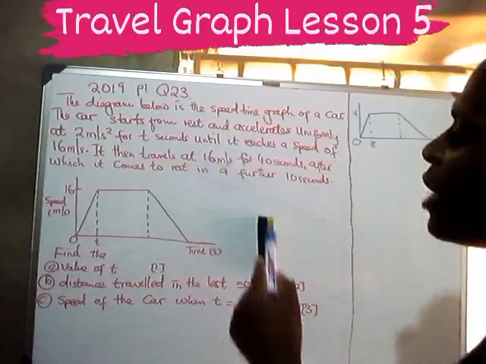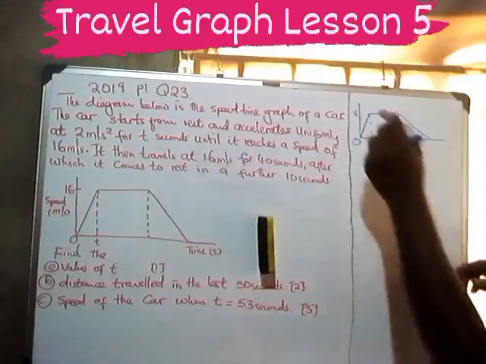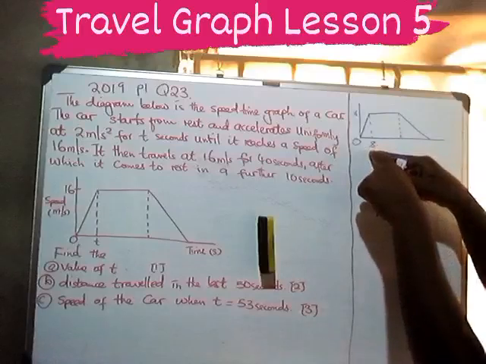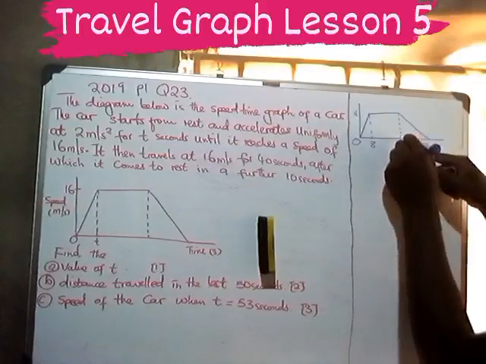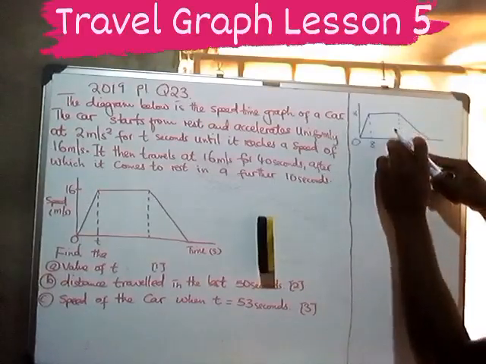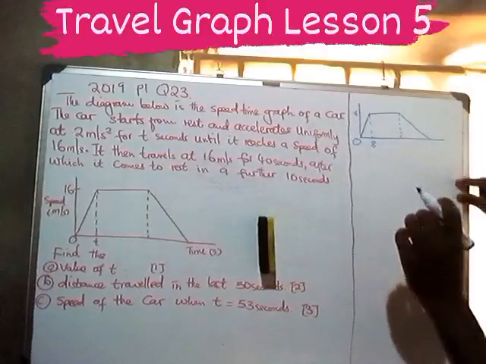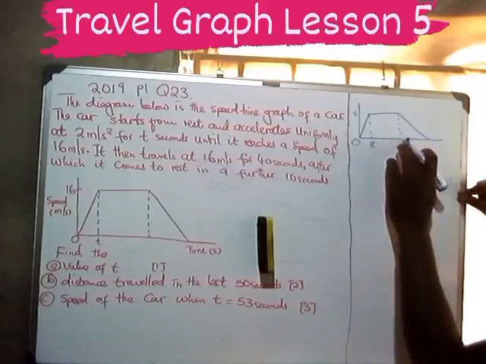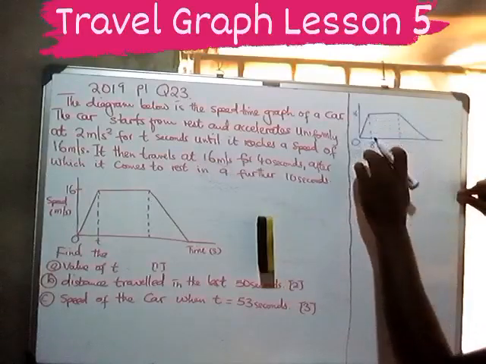It then travels at 16 meters per second, meaning constant speed, for 40 seconds. Meaning from 8 up to this point here, it is supposed to be 40. I can't write 40 here, it won't make sense, because from here up to here is 40.